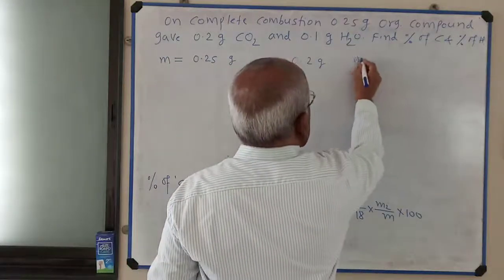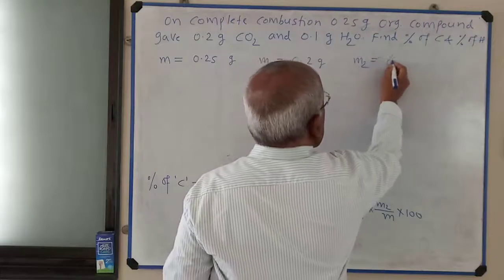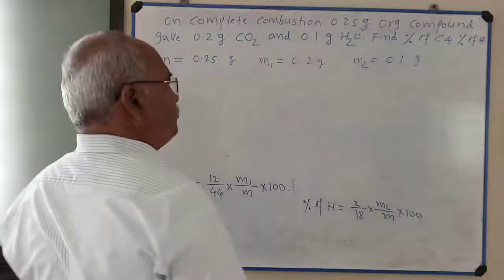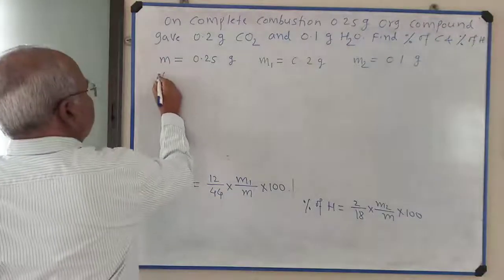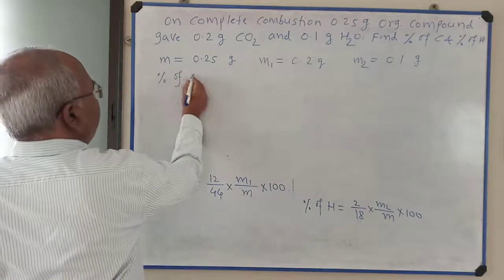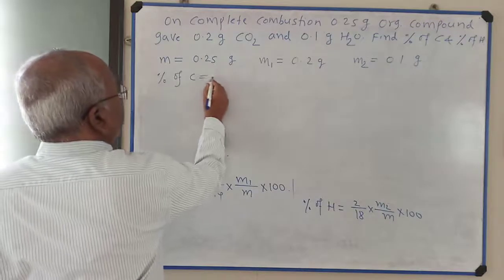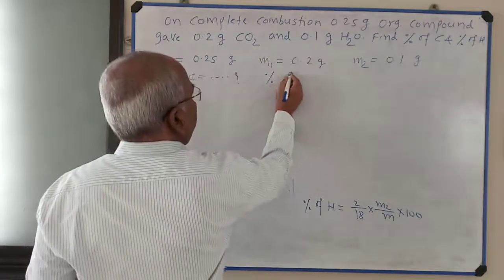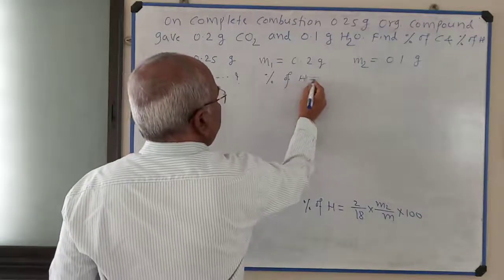Mass of water is equal to 0.1 gram. This is given, and we have to calculate percentage of carbon and percentage of hydrogen.